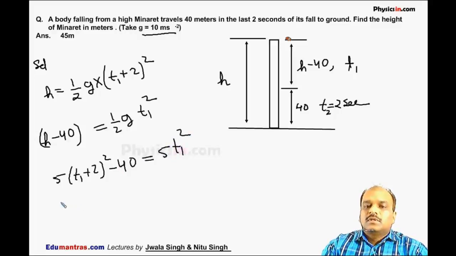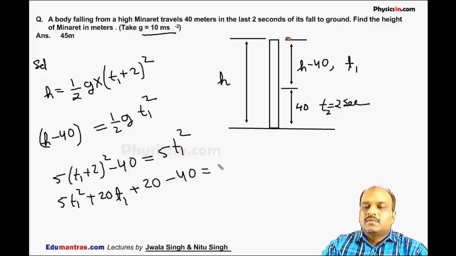is equal to 5 t1 square. Now if I open this square, I get 5 t1 square plus 20 t1 plus 20 minus 40 is equal to 5 t1 square.